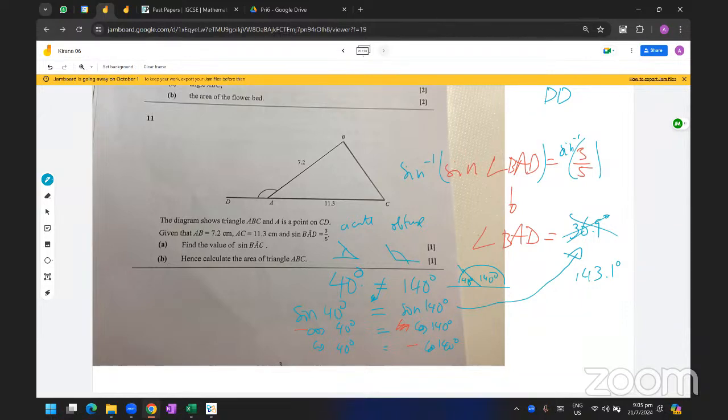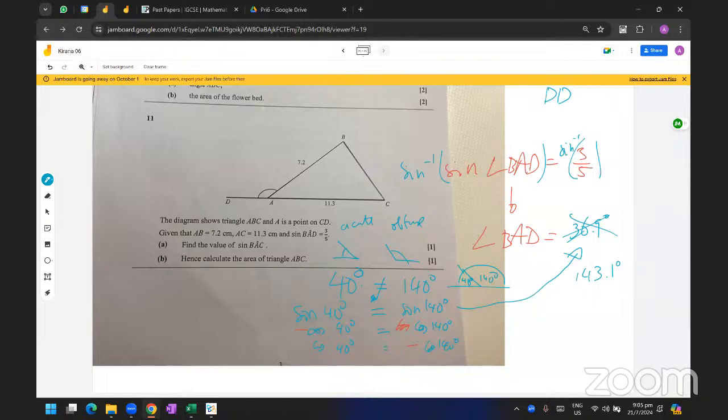Stop doing sine 3/5. So, this is totally confusing you, isn't it? Is the angle 3/5? What you put inside the sine is the angle.